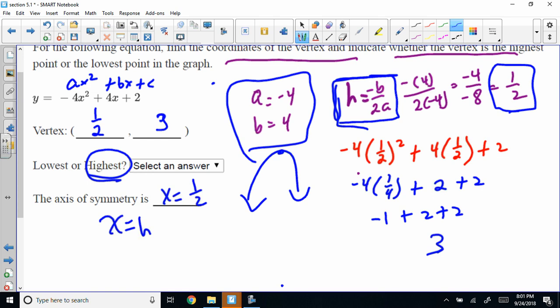X equals h, so the h value is 1/2, so x equals 1/2. It's the highest because it's opening down, because that a is negative, right?